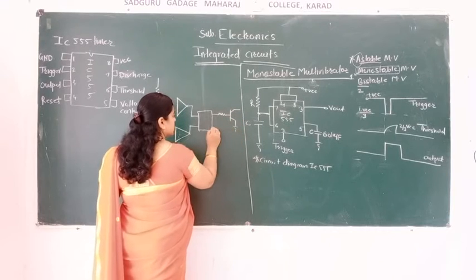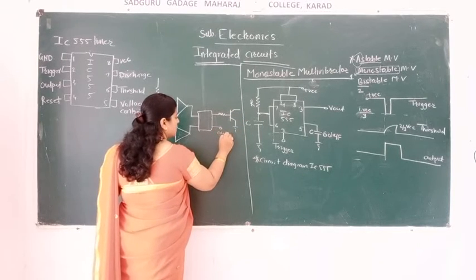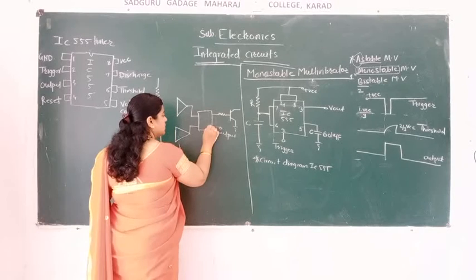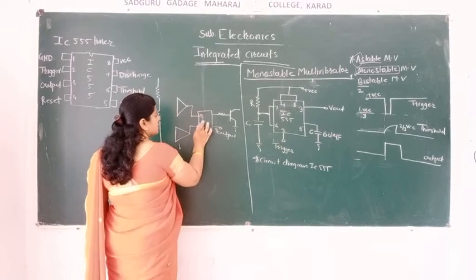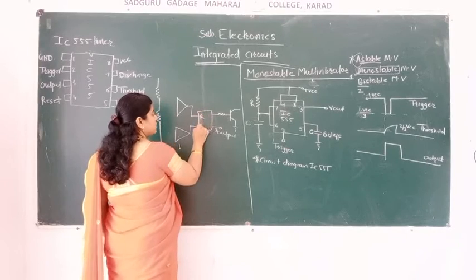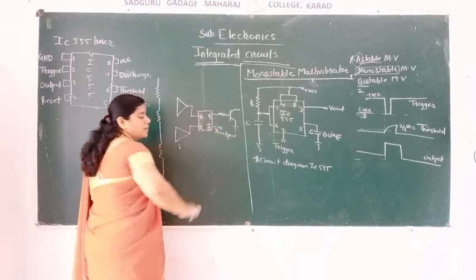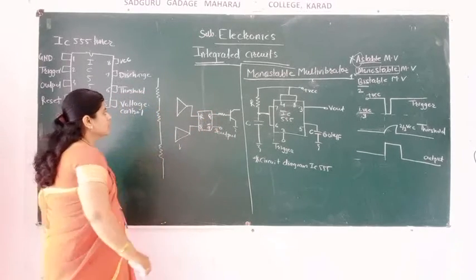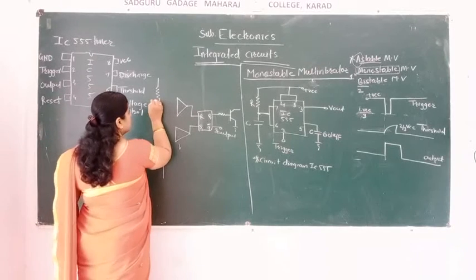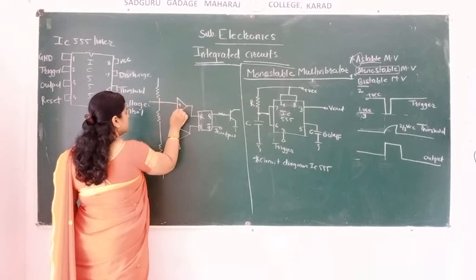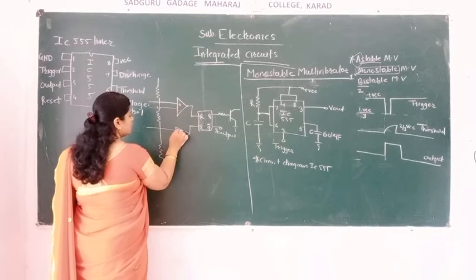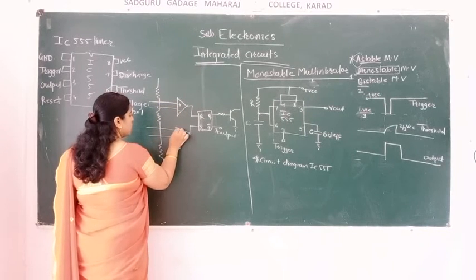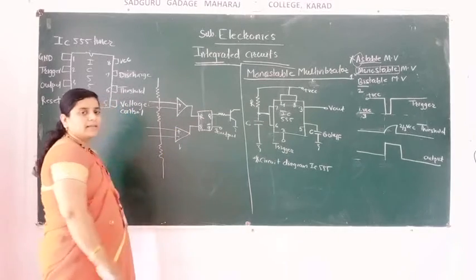Like this, and we are getting the output at pin number 3. This is the RS flip-flop that we have used, R and S, Q and Q bar. Two comparators, comparator 1 and comparator 2, with plus and minus, the inverting and non-inverting terminals.